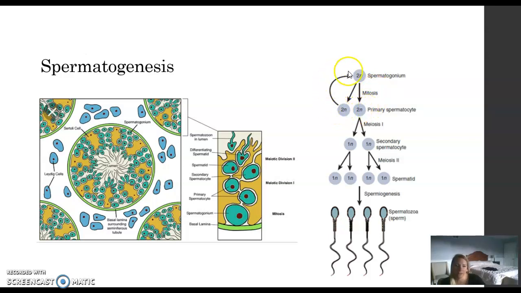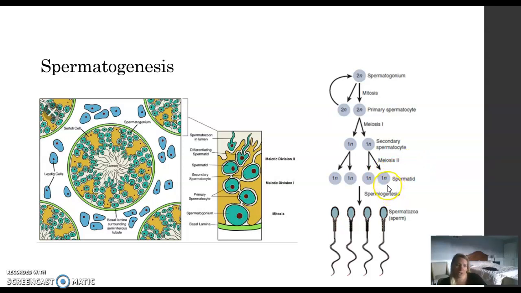Now, one tends to stay behind to replenish, and the other one, the primary spermatocyte, will go through meiosis 1, where it'll differentiate into a secondary spermatocyte that has one copy of each of the 23 chromosomes. It will then differentiate in meiosis 2 into 4 spermatids that each have one copy of the 23 chromosomes.